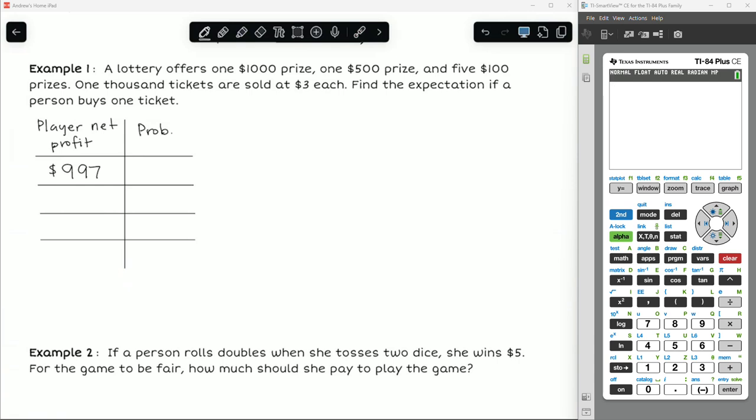I get $500 back. I really only won $497. And the same for the $100 prize. If I paid $3 and got back $100, I really only made $97. If I paid for a ticket and didn't win anything, I lost $3.